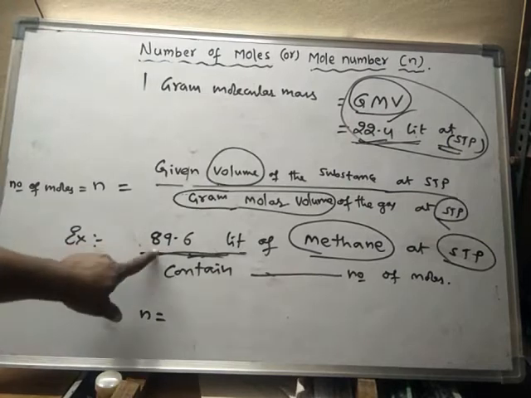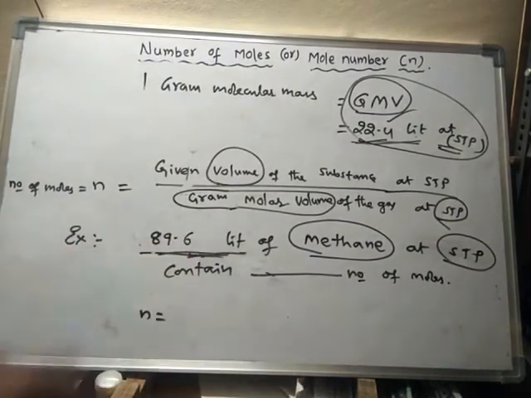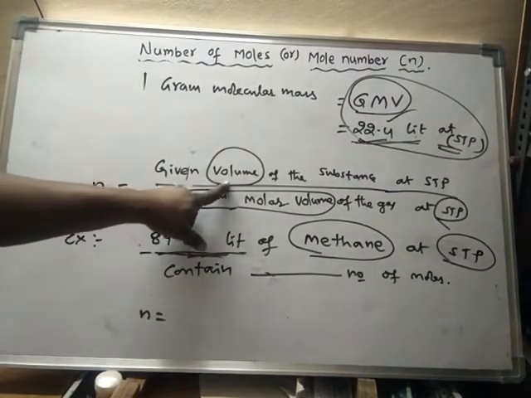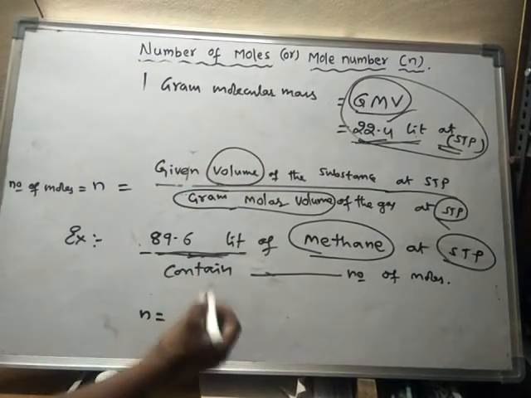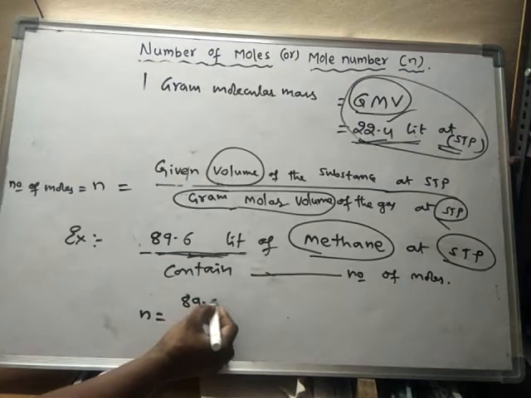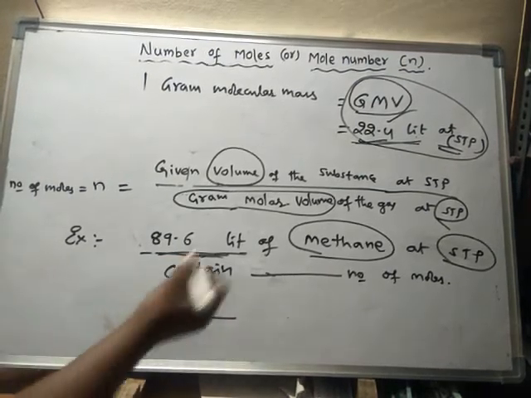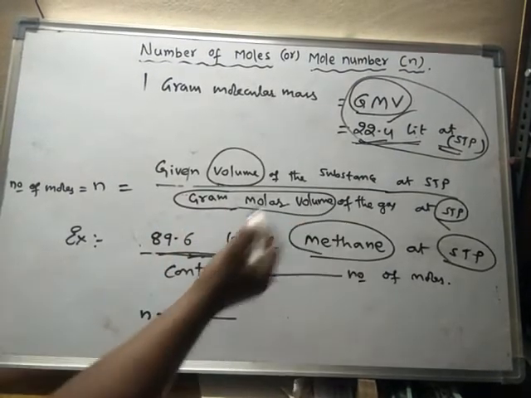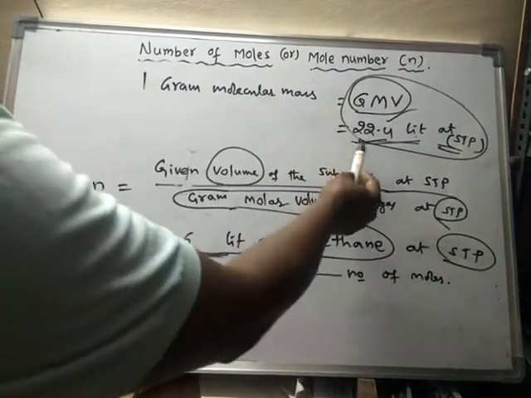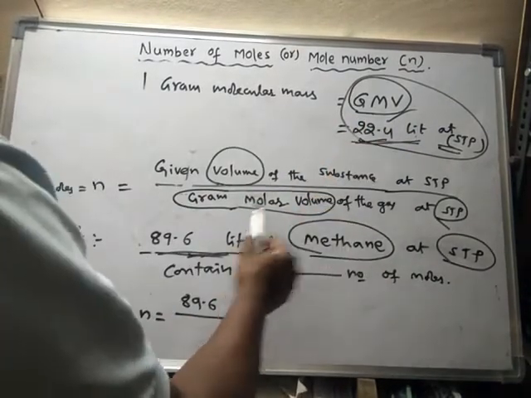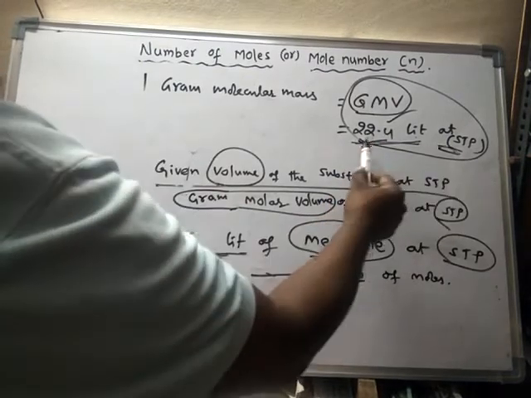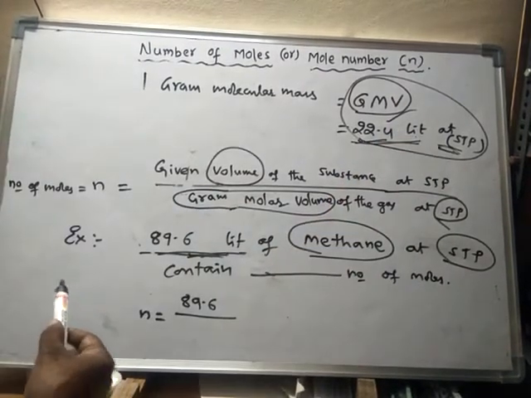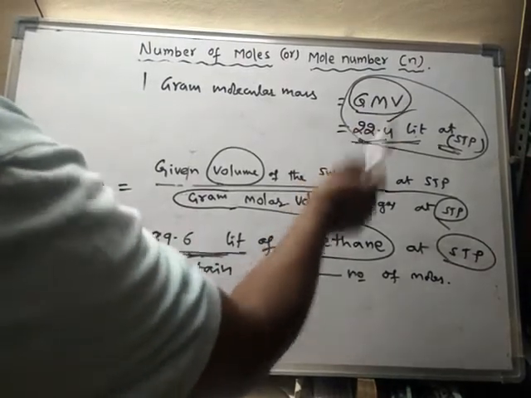Here 89.6 liters, the volume, is given. So the given volume of the substance at STP is 89.6, divided by the gram molar volume of the gas. Generally the gram molar volume of any gas at STP will be 22.4 liters. It is fixed, so always remember that.